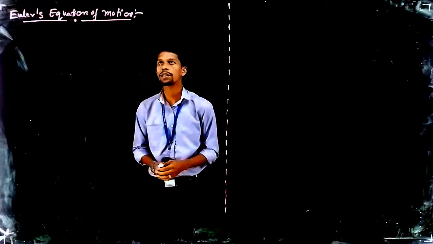Right? So for deriving this Euler's equation of motion, first of all we have to consider a fluid element, right? So this is the diagram corresponding to that fluid element. So this is a fluid element. Select 2 points in this, right? This is end 1 and this is end 2, right?